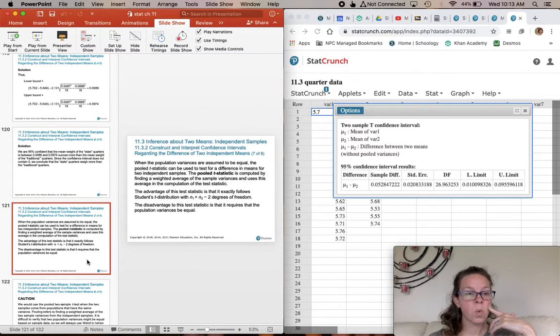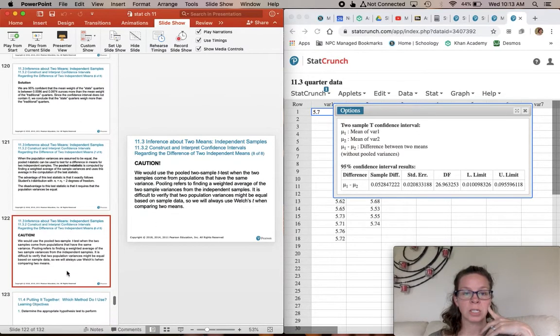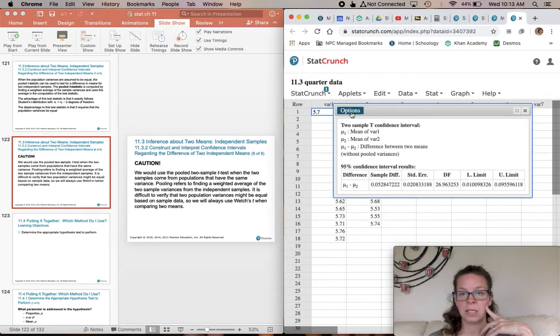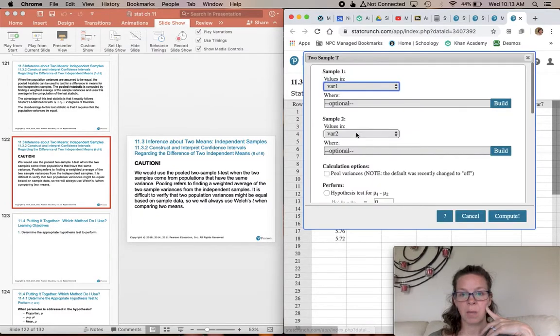So then we have a warning here that talks about what a pooled t statistic is. The idea of a pooled statistic is that you would combine or pool together the data. And it says, caution, don't do that. So right here it says without pooled variances, there's actually a checkbox that says, do you want to pool the variance?